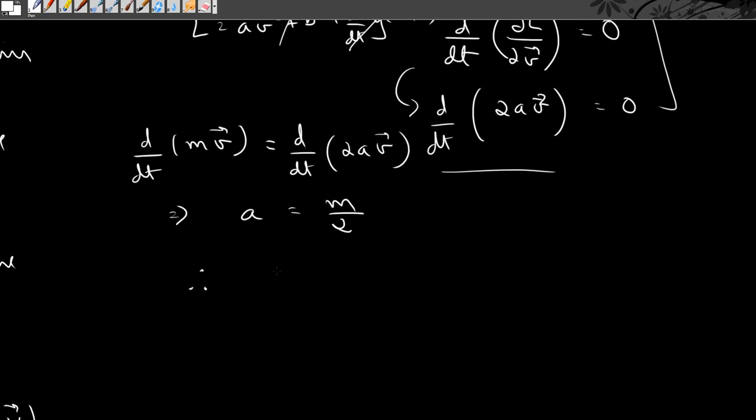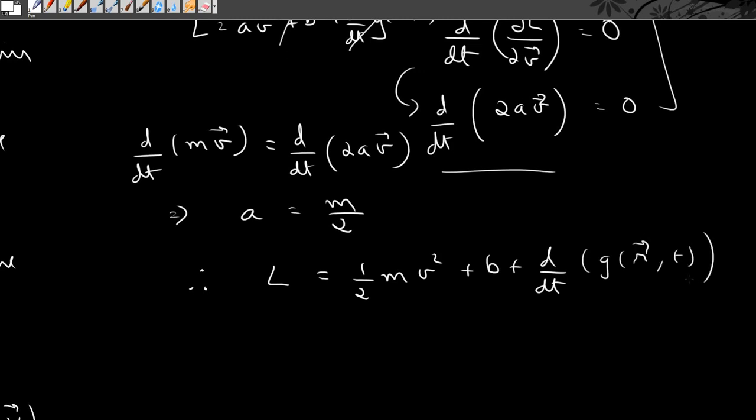Therefore, the Lagrangian is half m v square plus b plus d by dt of g of r and t.